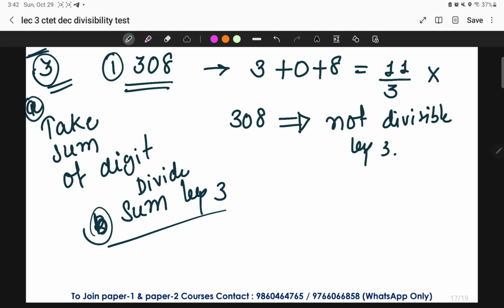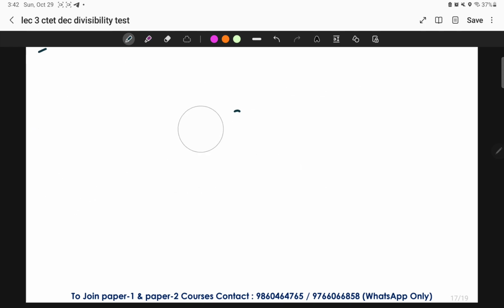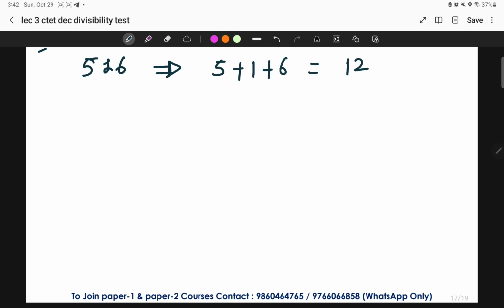We'll take a few more examples, like 516. To check whether this number is divisible by 3 or not, we take the summation of its digits, 5 plus 1 plus 6, which gives 12. If I divide this summation by 3, 12 is divisible by 3, right? 3 fours are 12.